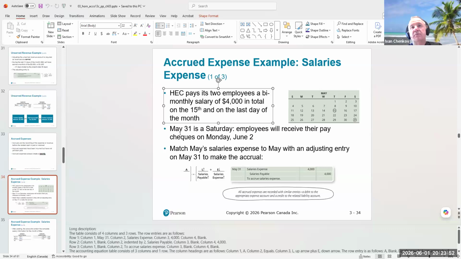The problem was that May 31st was on Saturday. And because it's the weekend, we decide to pay them on Monday. In reality, that's never going to happen. You're going to get your payment on Friday 30th, but let's pretend that's what happened.